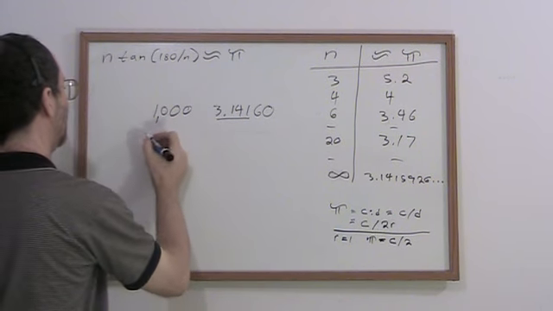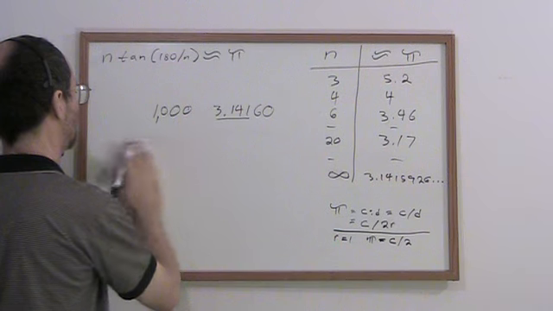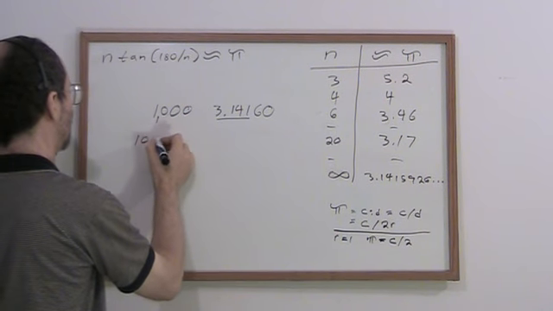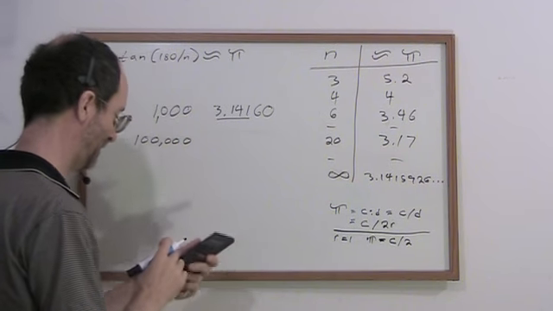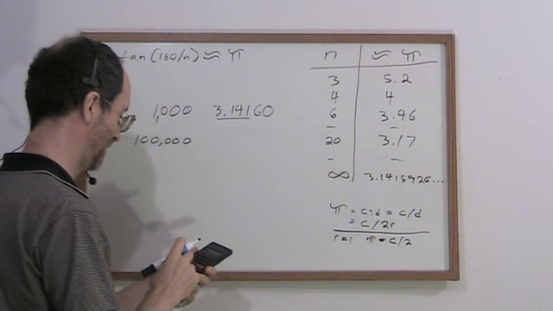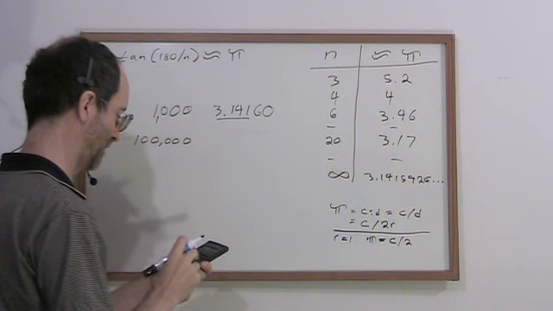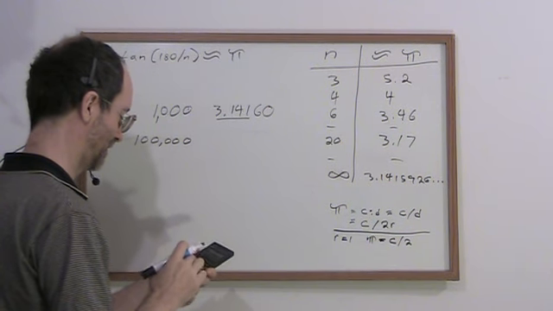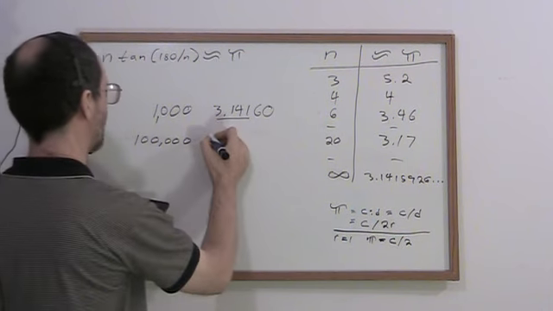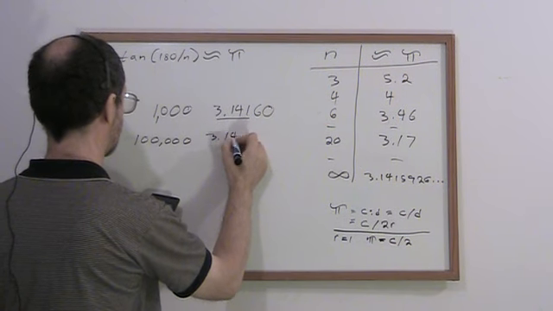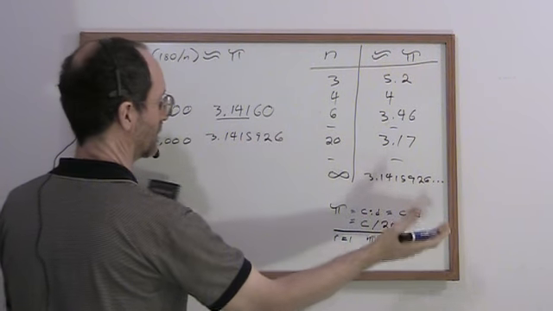Okay, so for a few more giggles, let's go to 10,000 sides. Oh, let's go straight to 100,000 sides. Okay, handy-duty calculator. 180 divided by 100,000, tangent, times 100,000 equals 3.141596, right?